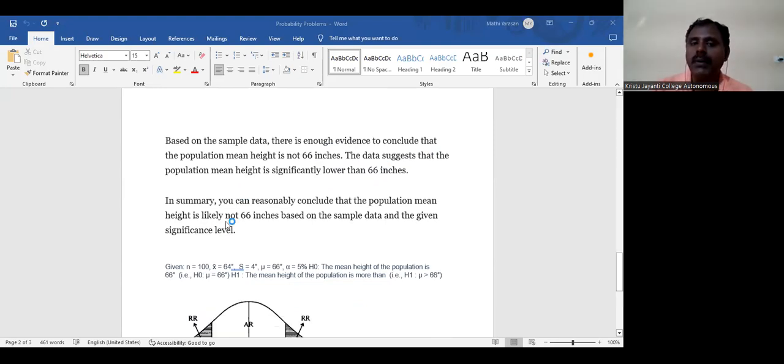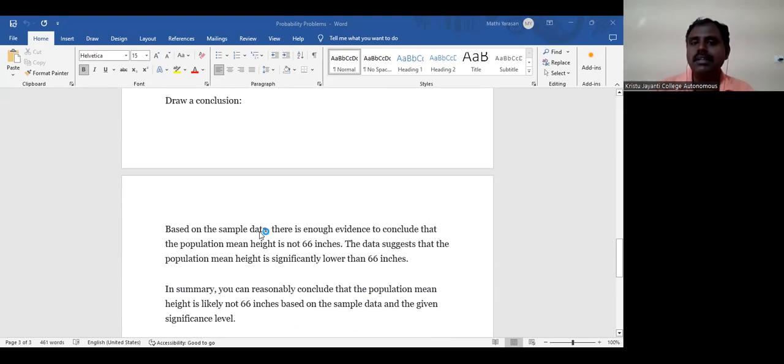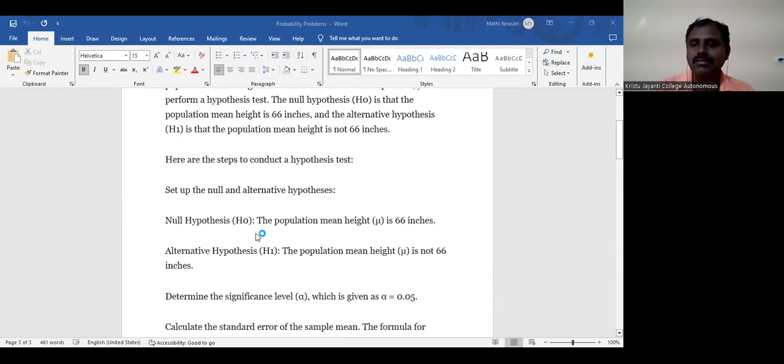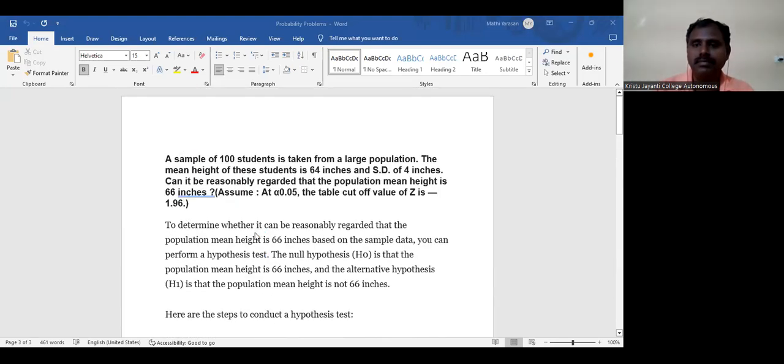You can conclude that the population mean height is likely not 66 inches based on the sample data and the given significance level. So this is the answer for this question. Is it clear? Yes, sir.